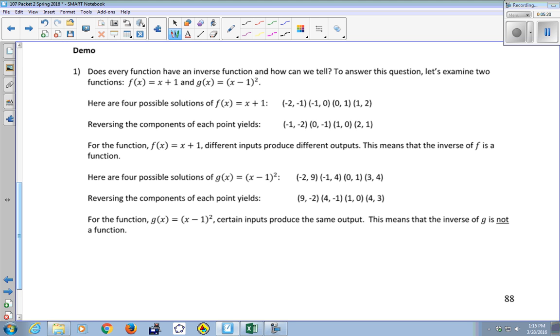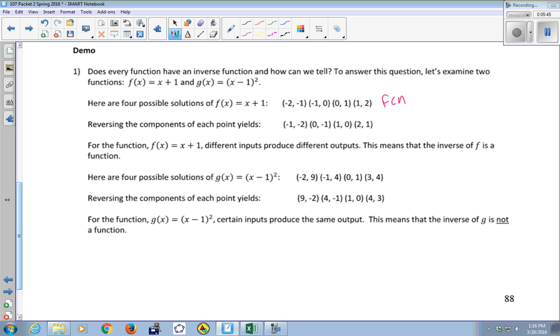So here are four possible solutions for f of x equals x plus 1. These are 4 points on that curve. And then if I reverse the components of them, which is what you do when you find an inverse, just reverse x and y, I get these 4 points. So this is a function.